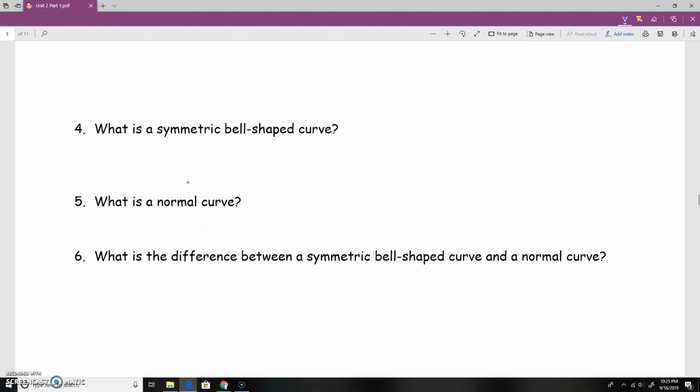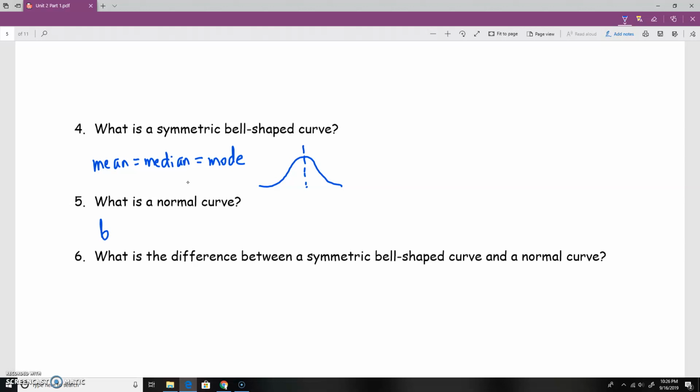Now, a symmetric bell-shaped curve is a curve where the mean, the median, and the mode are all the same value. Okay? So basically, it's bell-shaped, and then it would also be symmetric.